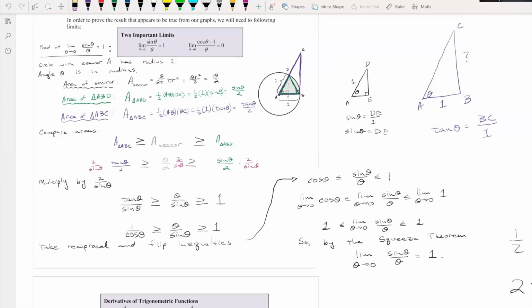Okay, and the reason these are two important limits is because we need them to prove that the derivative of sine is cosine, which is what we're about to do on the next page. The other limit, cosine theta minus 1 over theta equals 0, is done in a similar way. But let's go ahead and just leave it with just saying we've done one of them. That's good enough.